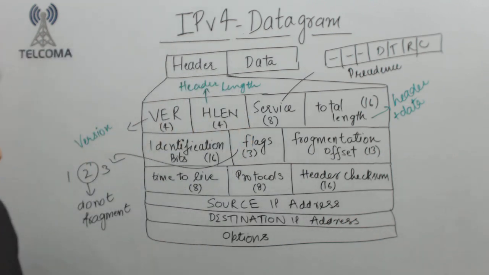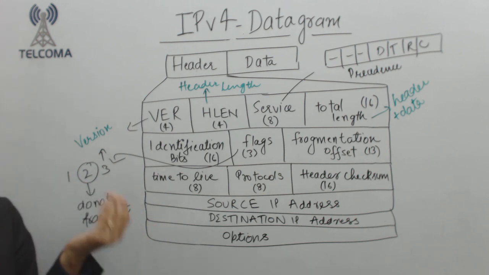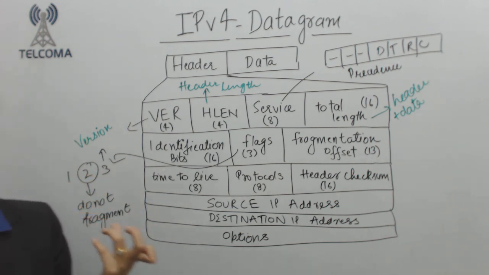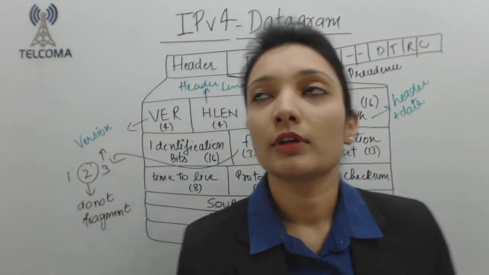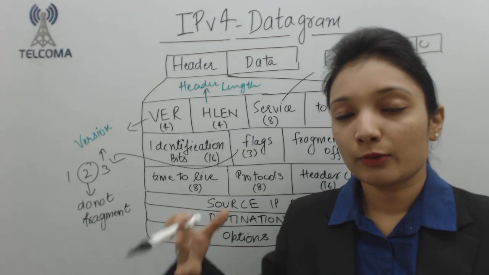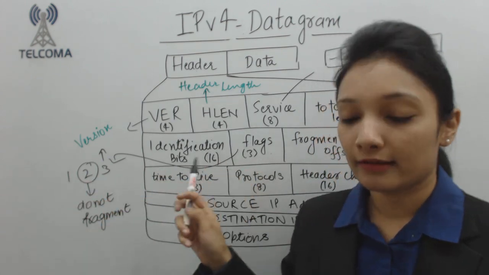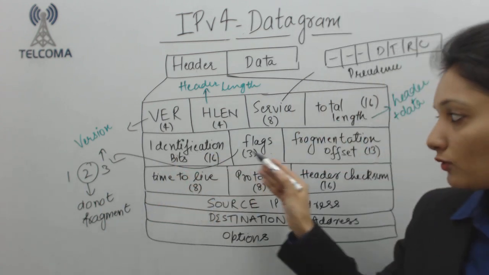The next field is the more fragmentation bit. If it is 1, it means the datagram can be fragmented more. It's not the last fragment, there could be more fragments. So this is also associated with the fragmentation of your data.